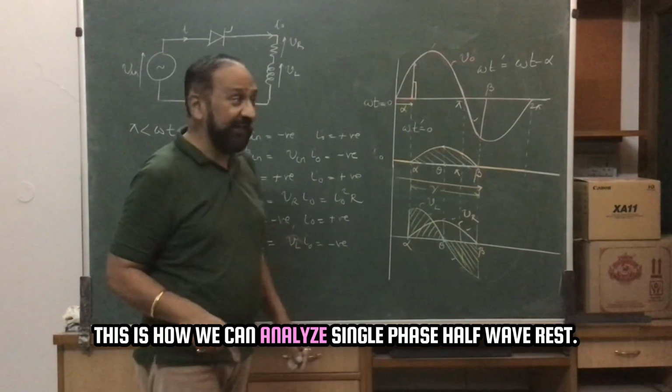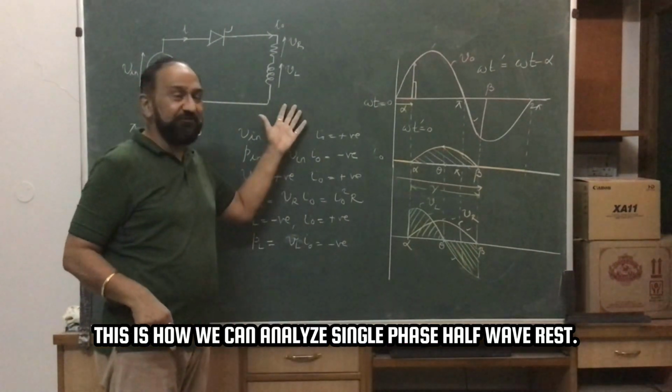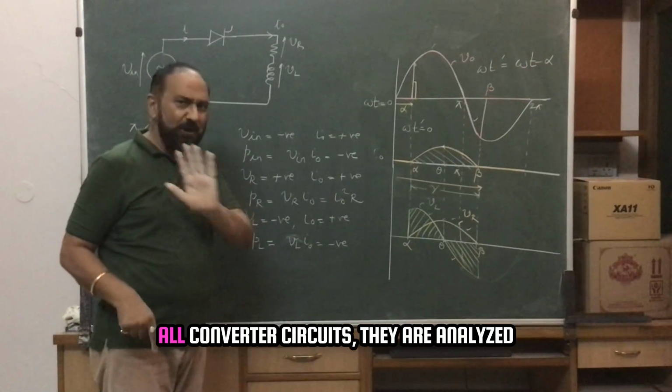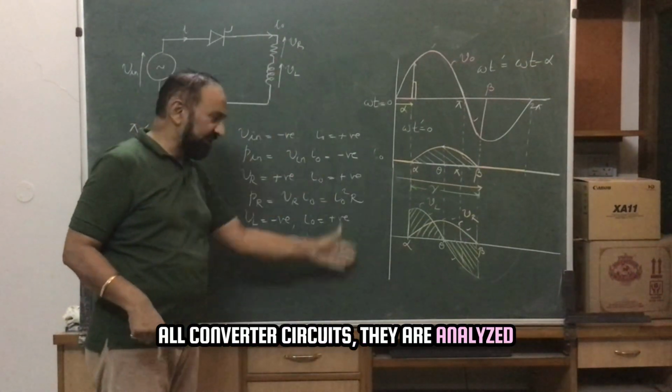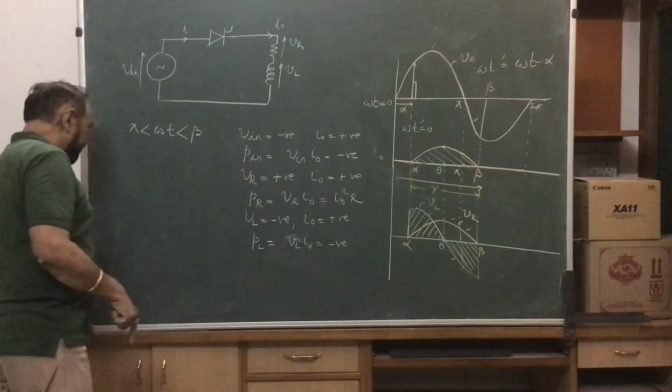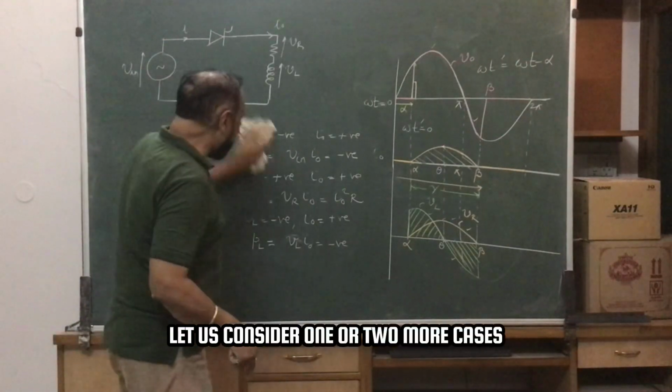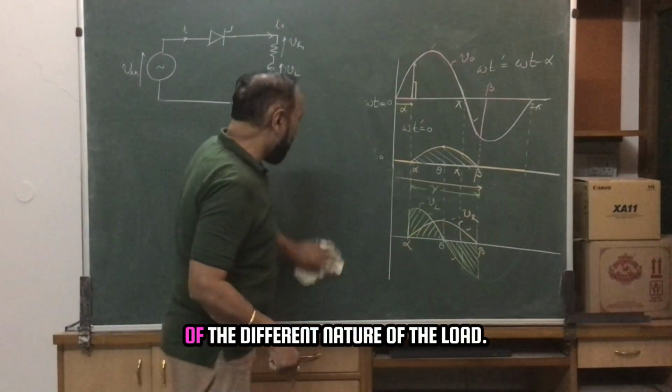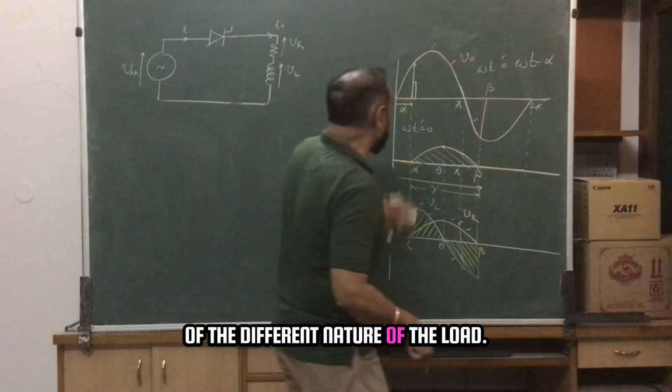This is how we can analyze single phase half wave. Rest all converter circuits, they are analyzed exactly in the same manner. Let's consider one or two more cases of the different nature of the load.